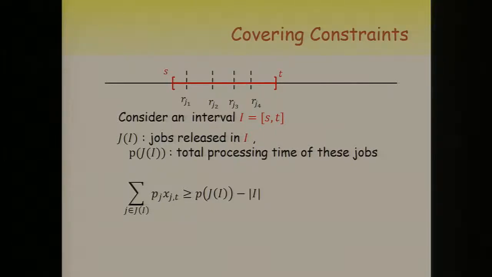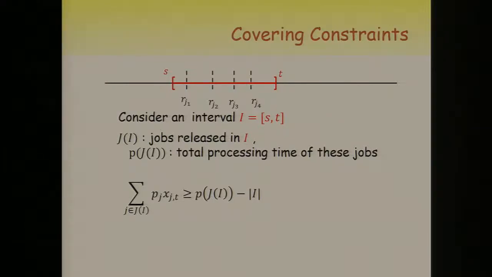So what is the right hand side? Look at all the jobs which are released here, add up all their sizes. This is the total amount of processing you have to do over these jobs. And the total amount you can do inside this interval is only the length of the interval. So the total amount of processing that has to happen after time t must be at least this much. And that's all this is saying.